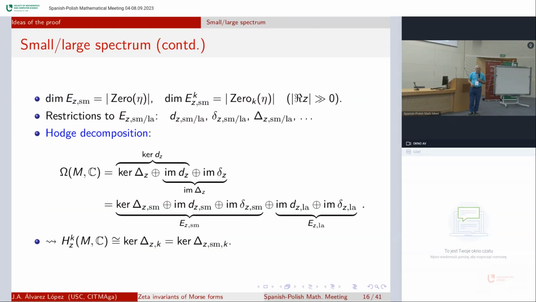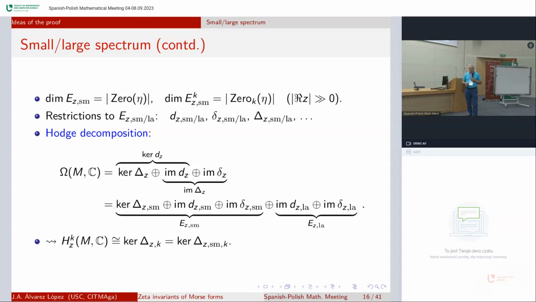The dimension of the small subspace in degree k is equal to the number of zeros of degree k, when the real part of the parameter is great enough.